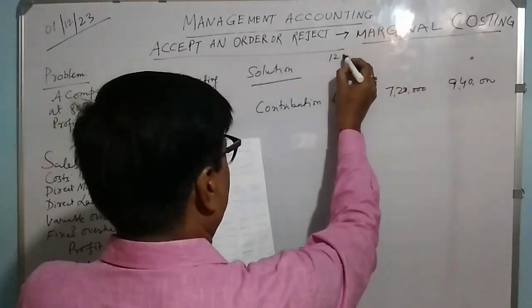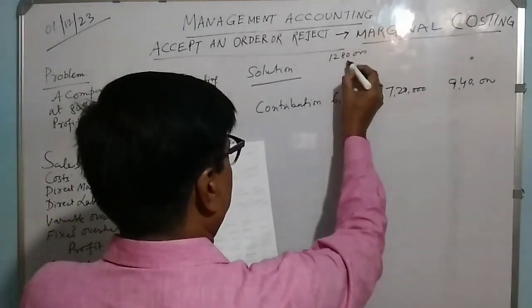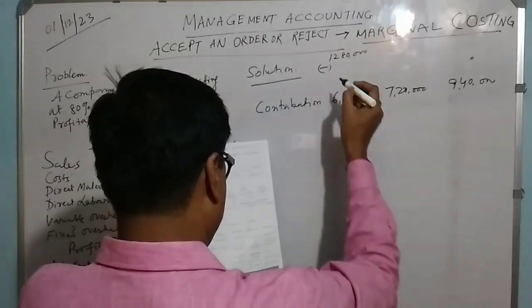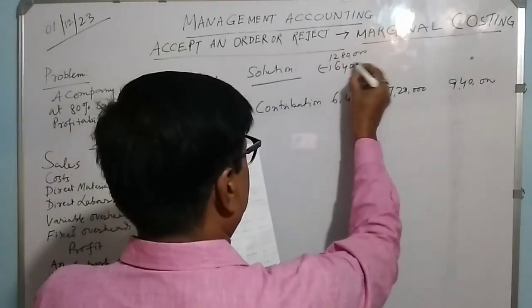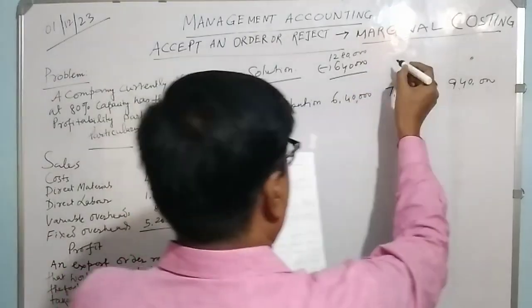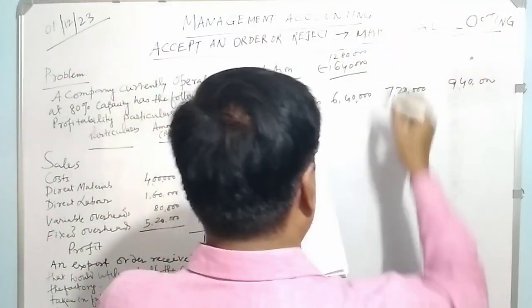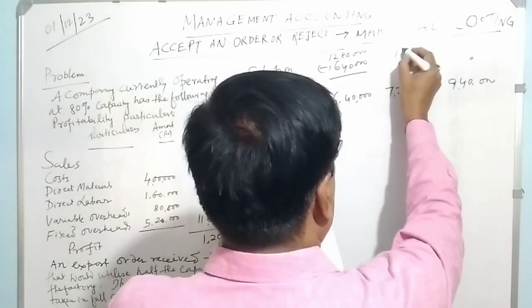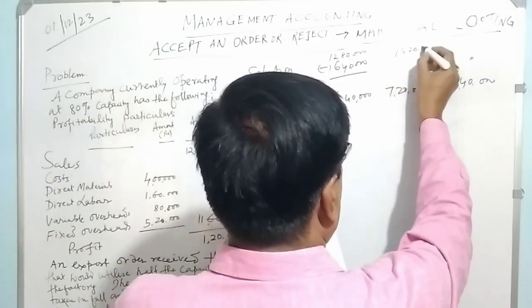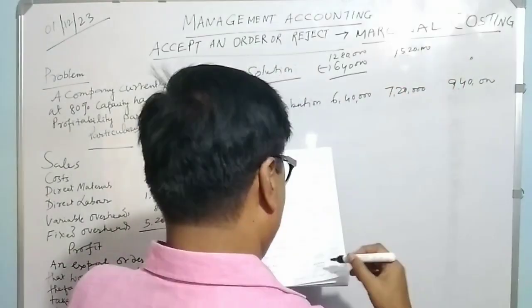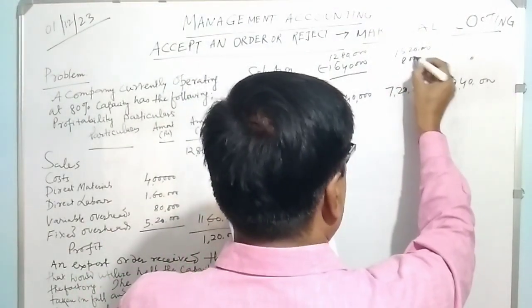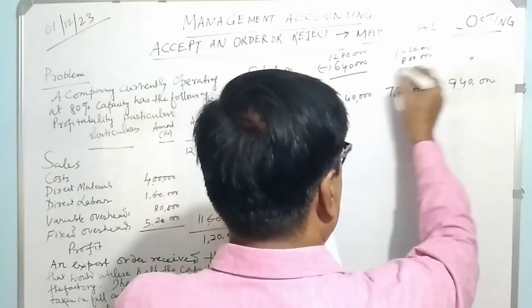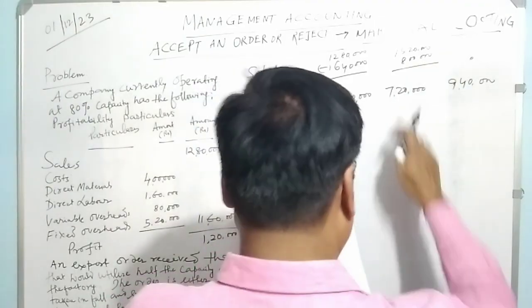This is 12,80,000, your sales, minus your total variable cost of 6,40,000. And here also your total sales of 15,20,000 minus your total variable cost of 8 lakhs, so it comes to 7,20,000.